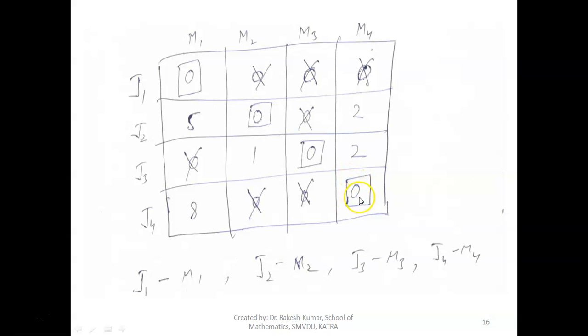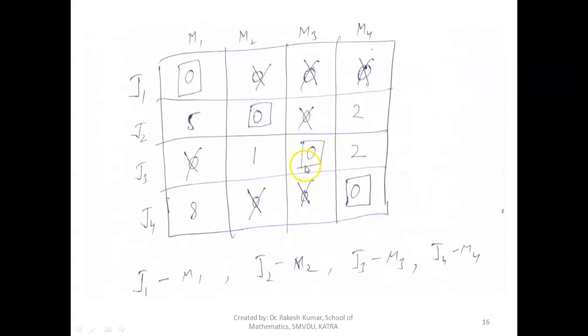If we see this fourth column, in this column this is a single zero, it is done, and these rows are crossed. Then I go to the second column, and this single zero is there, I can put it inside, and then the other zeros in the corresponding row will be crossed.